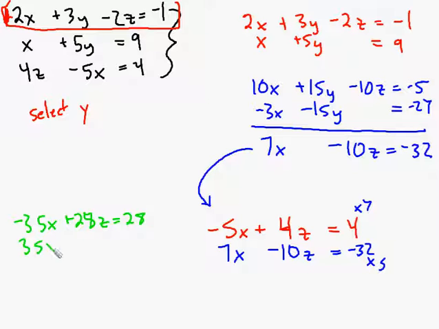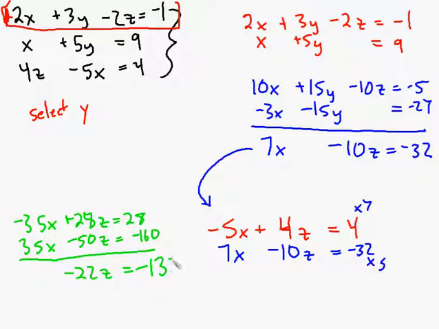And then 35x minus 50z equals 32 times 5, 160. So -160. Ugh. So then we do 28 minus 50, we get -22z. And then 28 minus 160, -132. Boy, I sure hope that's divisible by 22. Yay, it is.